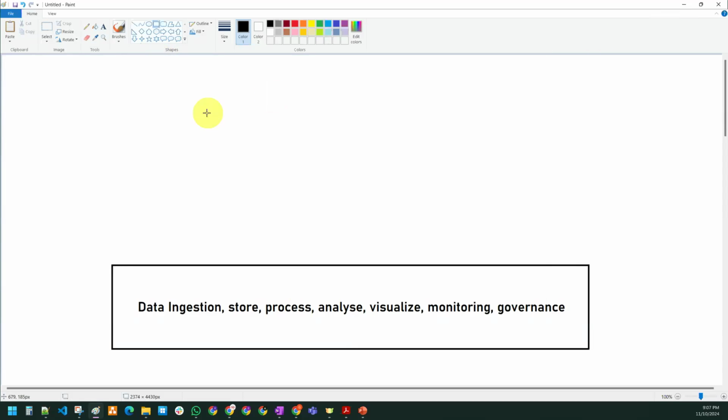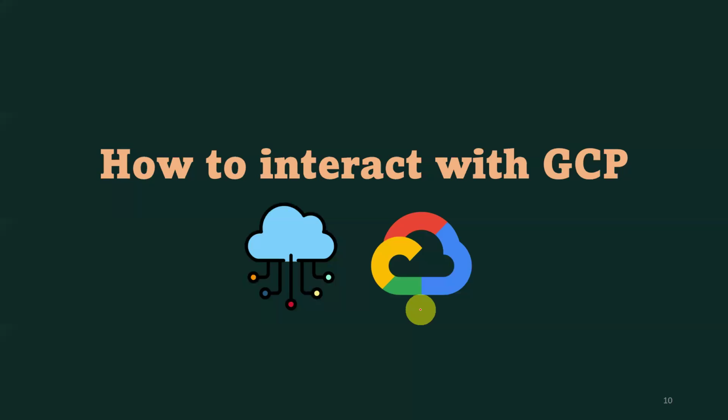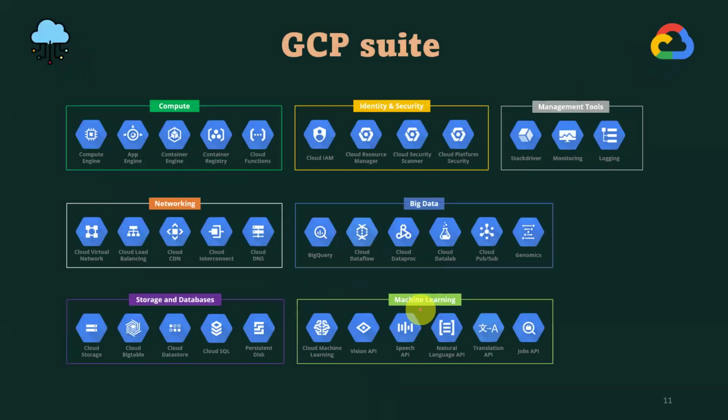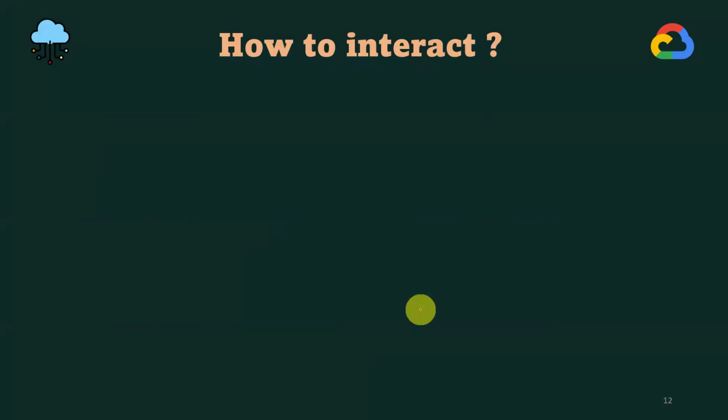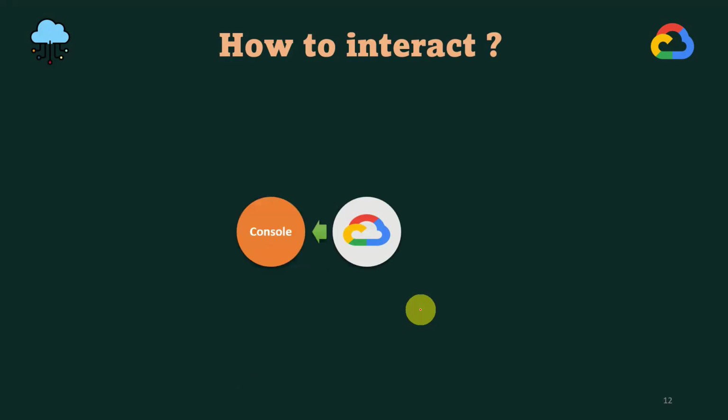So there are in total interface methods, and I am going to tell you. The very first one is the console. The console is a graphical user interface to interact with the GCP services. The next one is Cloud Shell. The third one is Cloud SDK.